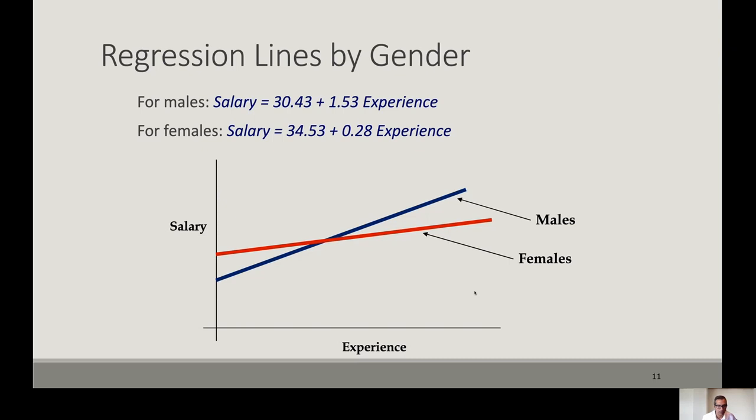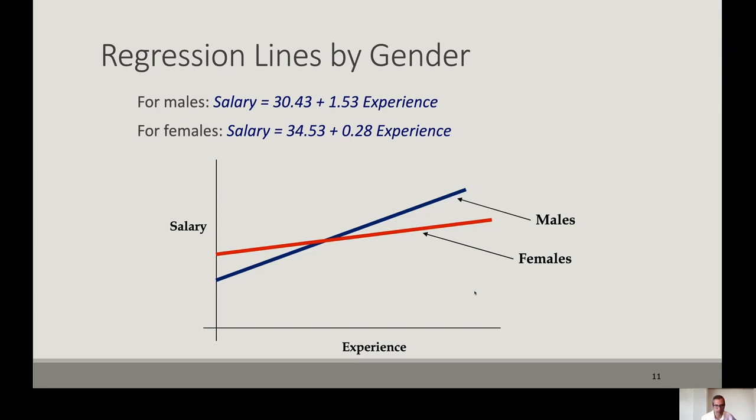And females will actually have a higher salary. However, as the experience increases, the rate of increase of salary for males is higher than that of females, right? And that is why the coefficient of the experience variable is higher for males, it's 1.53, as opposed to this coefficient being 0.28 for females.